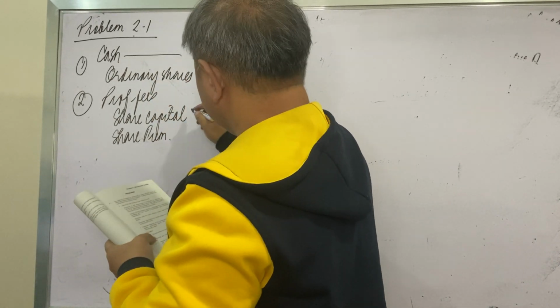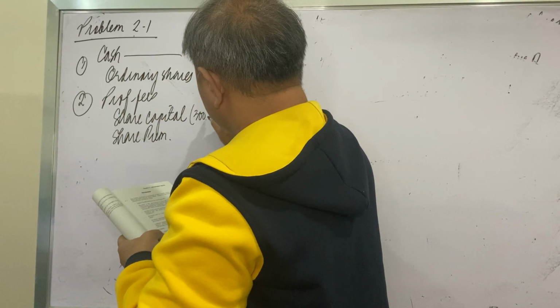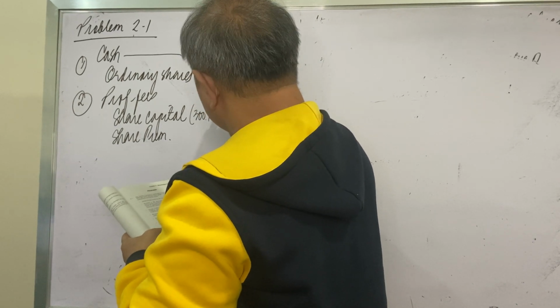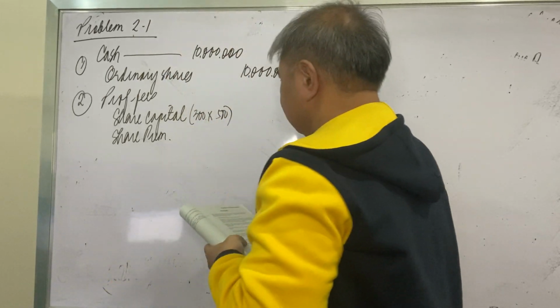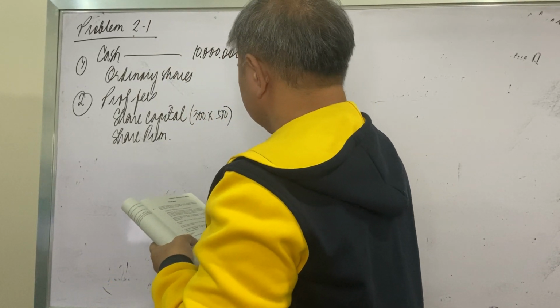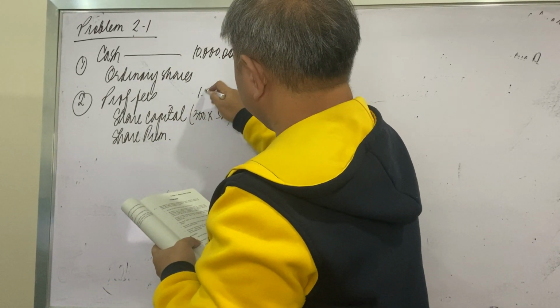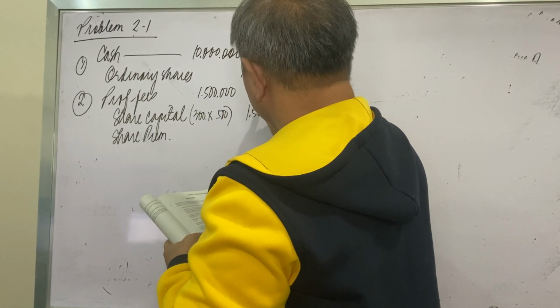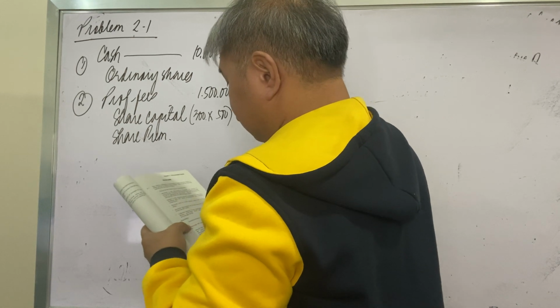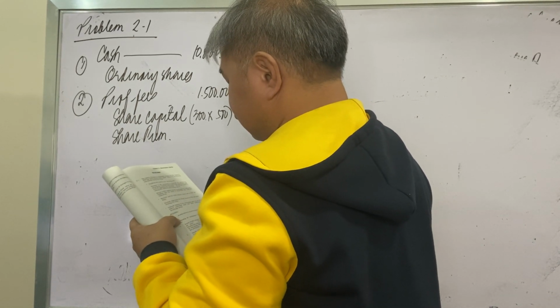It's going to be 300 shares times 500, so that is 150,000. The par value is 500.